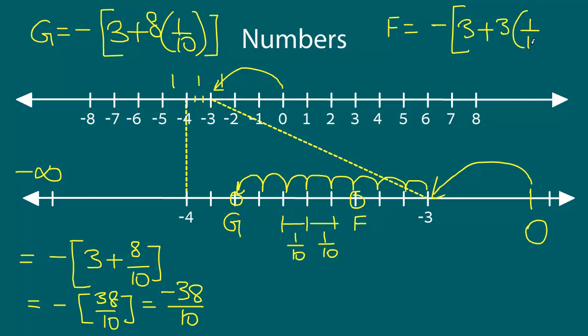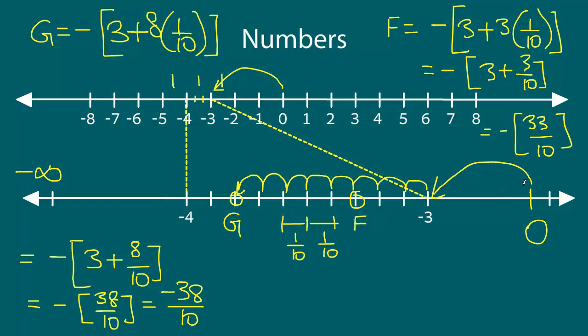So 3 times 1/10, or minus, here this will be 3 plus 3/10, or 33/10. If you take the bracket out, it will be minus 33/10. So this is our point F, and this is point G.